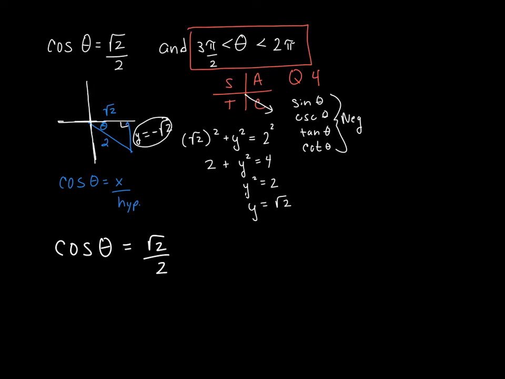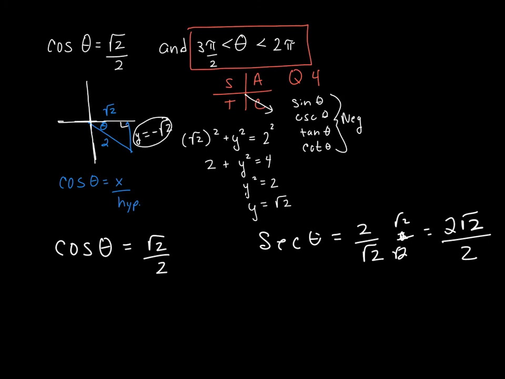Then we need the reciprocal of that, the secant of theta, which is 2 over the square root of 2. Rationalize it, and that gives us 2 square root of 2 all over 2.